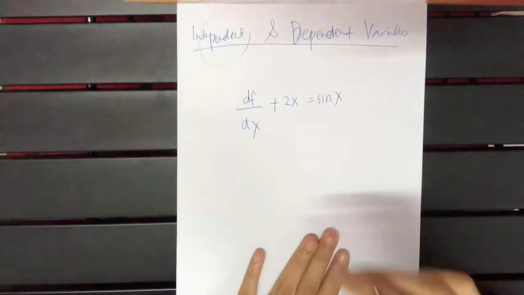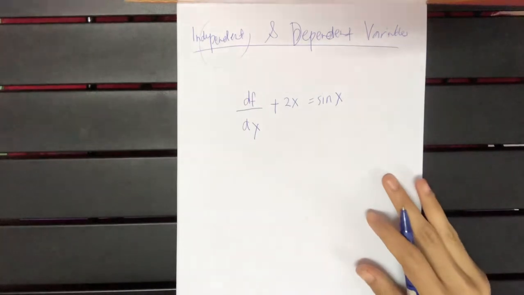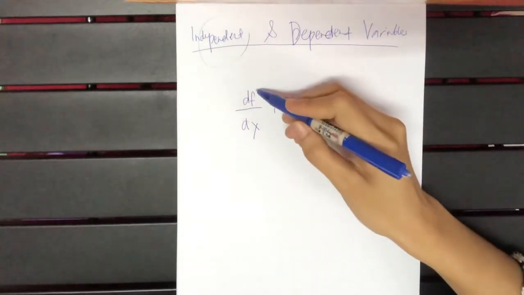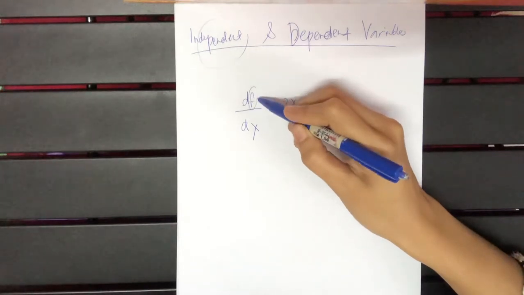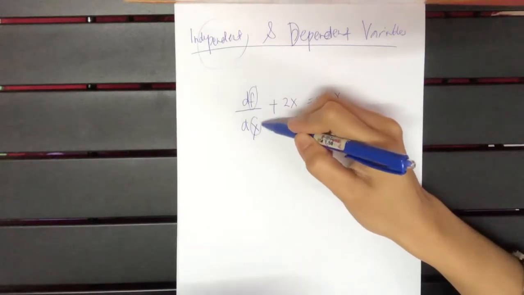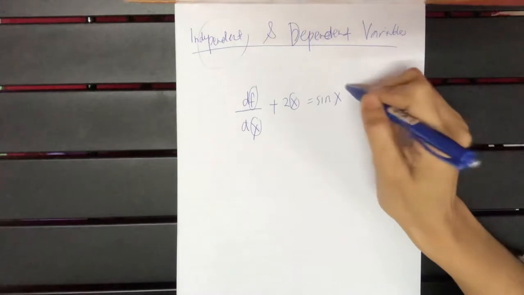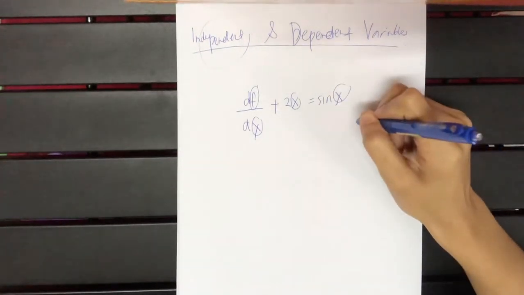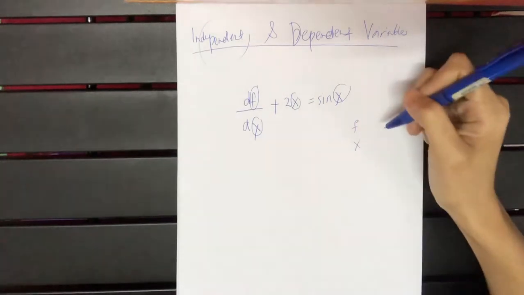How many variables are involved here? The variables here are f and x. So there are two variables, f and also x.